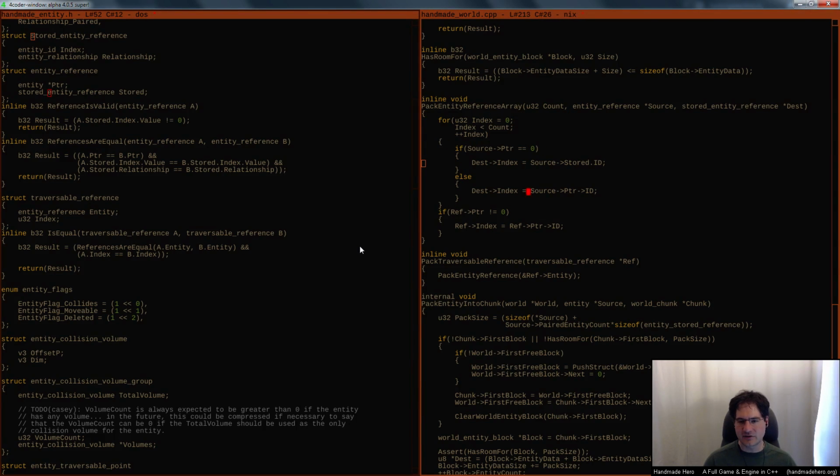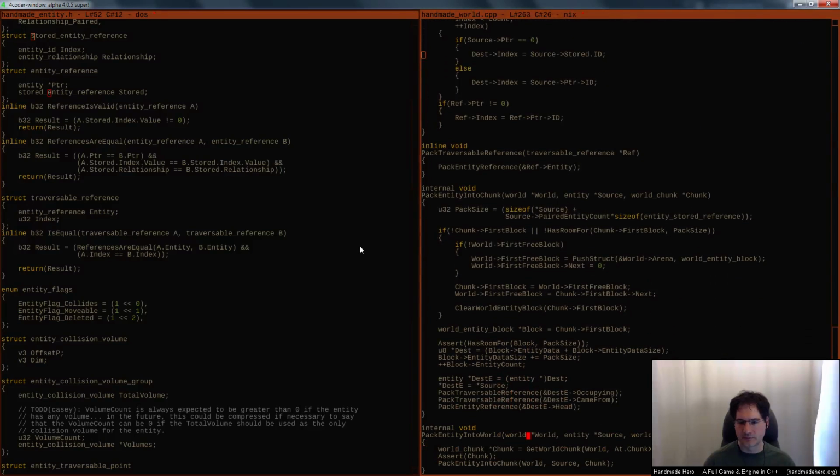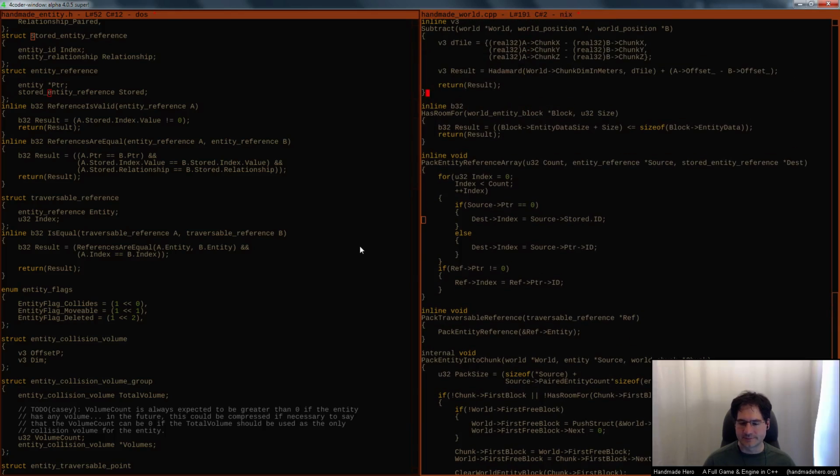And I guess this begs the question of, does the packing live in the sim region instead of over here in the world? Maybe this world thing will literally just be for, you get the idea. Because we need that hash table to know whether or not we would repack this, right?